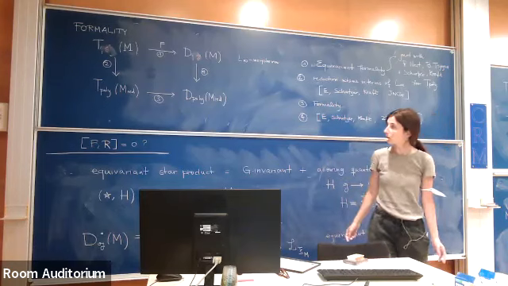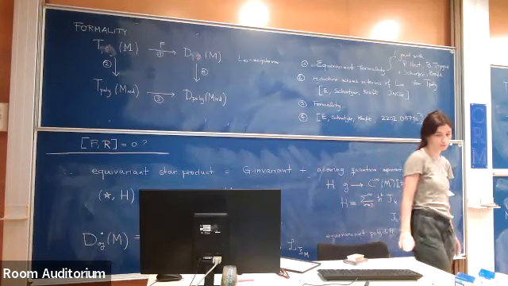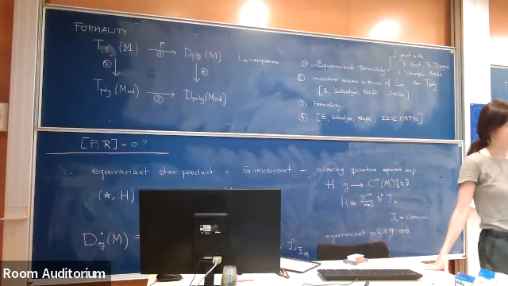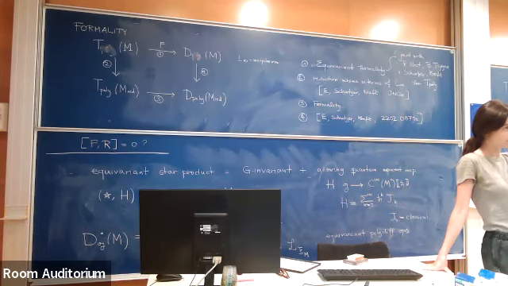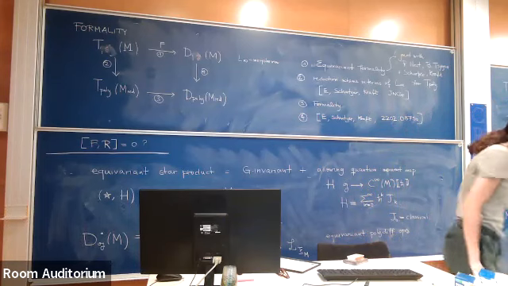From D to T, I don't know actually. Because one would think that there is this master thing that has all these gradings and so on, and the different directions are attained by taking homology, and then the formality comes from some.